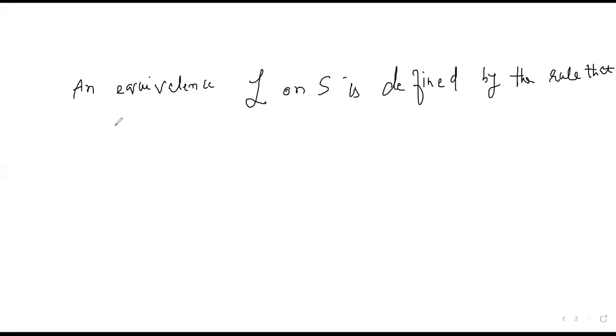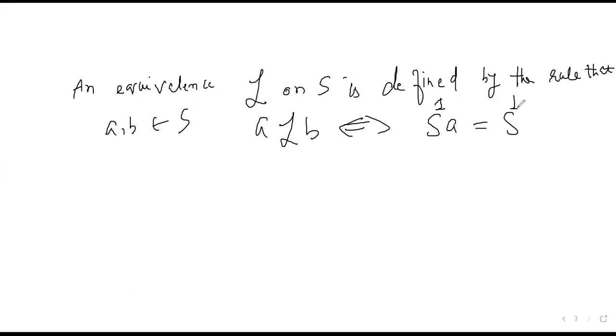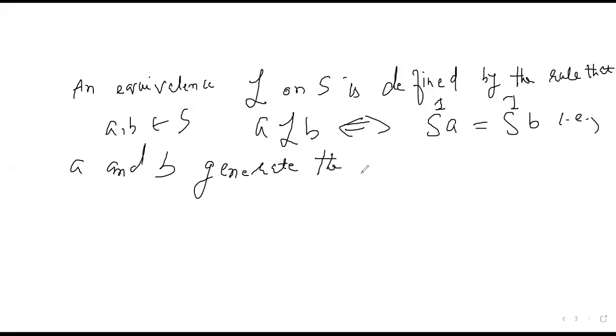Okay, A, B belonging to S, A is L related to B if and only if the principal left ideal generated by A is the same as the principal left ideal generated by B. That is, S1A is the same as S1B, that is, A and B generate the same principal left ideal.